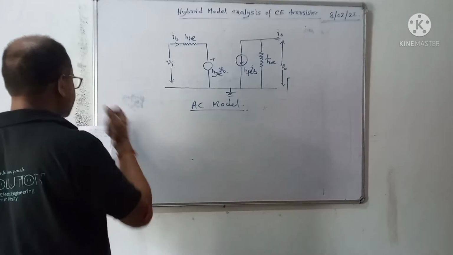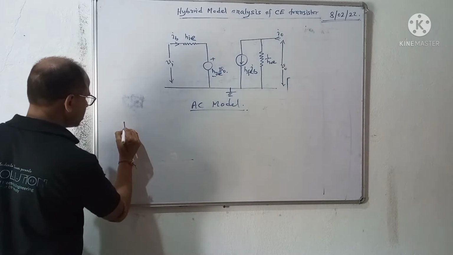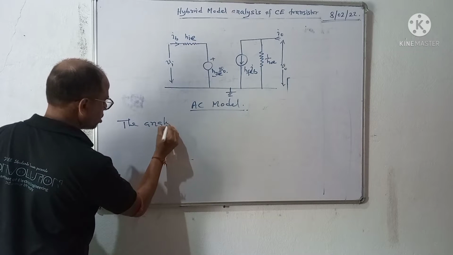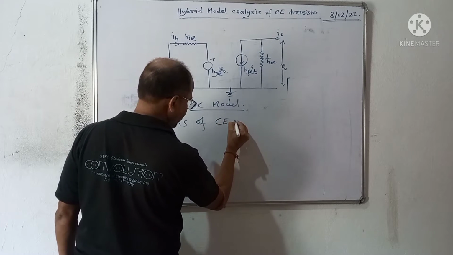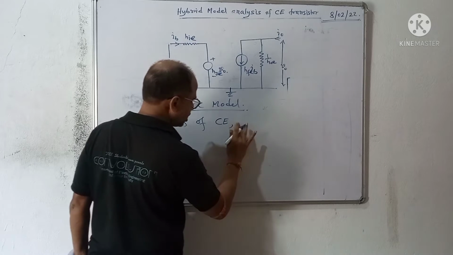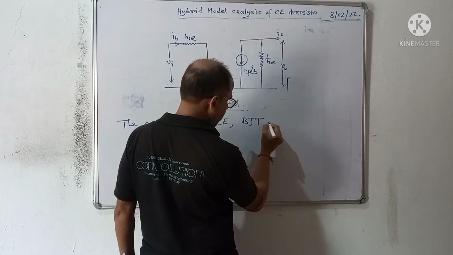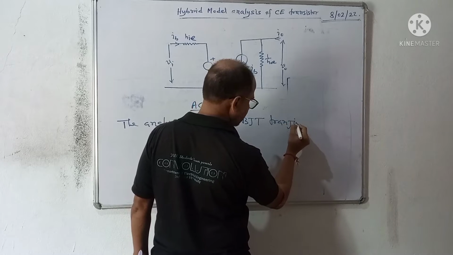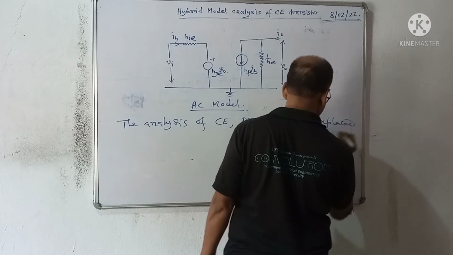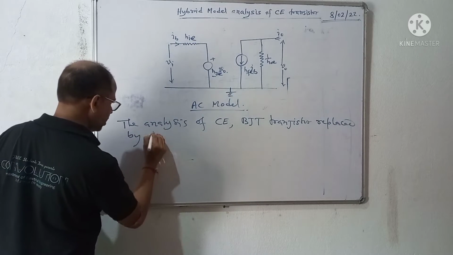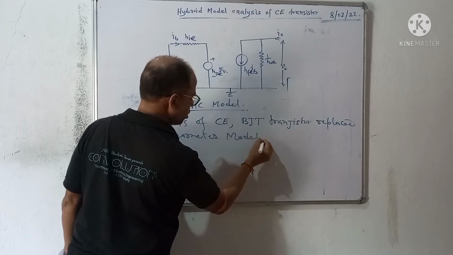Today's discussion is the analysis of the common emitter bipolar junction transistor replaced by the H parameter model.